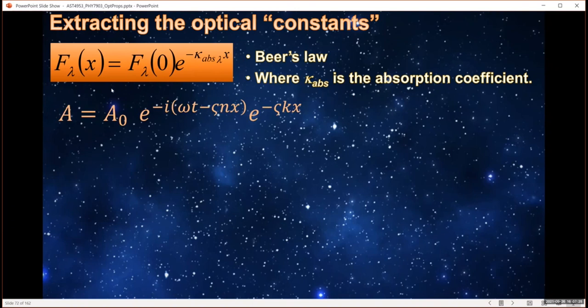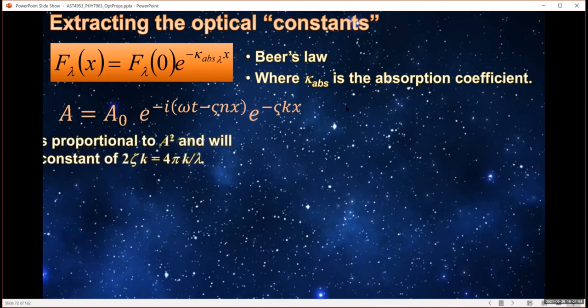Now, if we compare that to our wave equation, the wave is A0 e to the minus i (omega t minus zeta n x) times e to the minus zeta k x. The first part, the A0 part, is the wave, and how it is affected as it goes through the medium is this last exponent that is real, that is, kappa abs x.